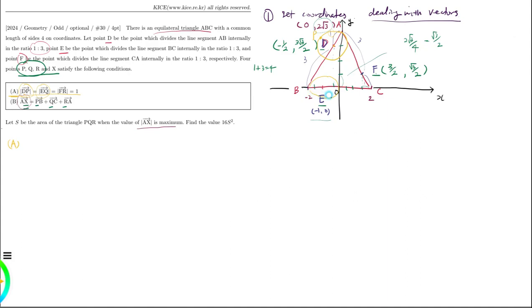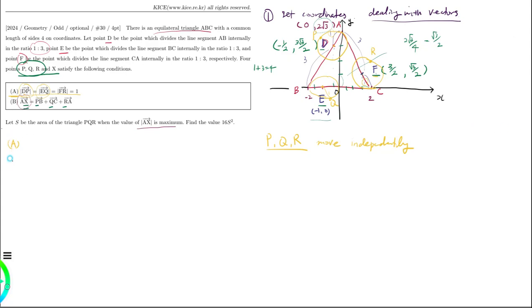Point Q is on the circle centered at point E with radius 1. Point R is on the circle with radius 1 centered at point F here. So those P, Q, and R can move independently. So basically we need 3 parameters to express those 3 points.